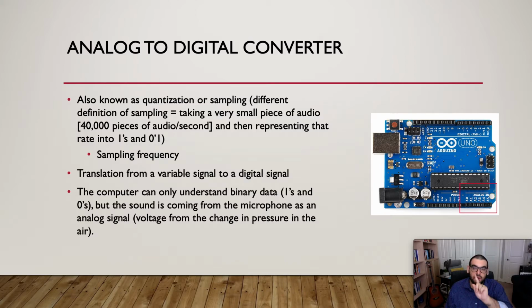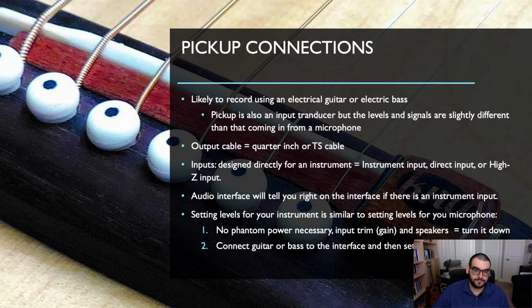That voltage, via this converter, is being transferred into a digital binary code for the computer to understand. And it's a very small piece of software or hardware, that goes into the interfaces that actually does this job. And it's pretty awesome.